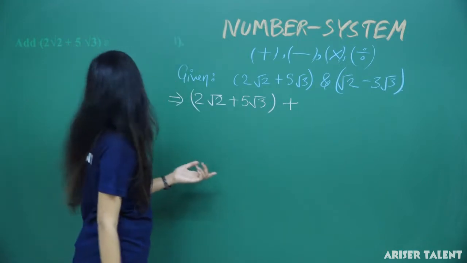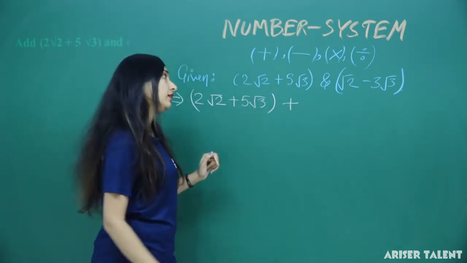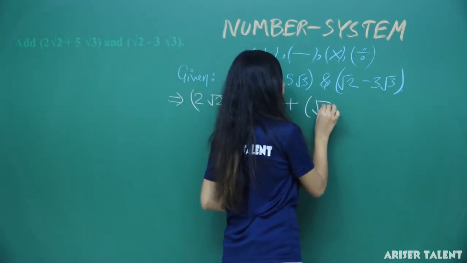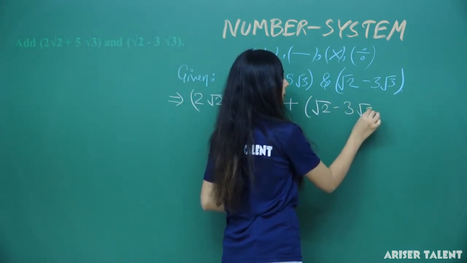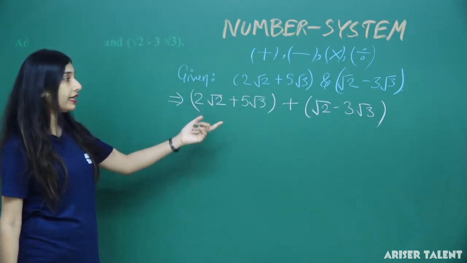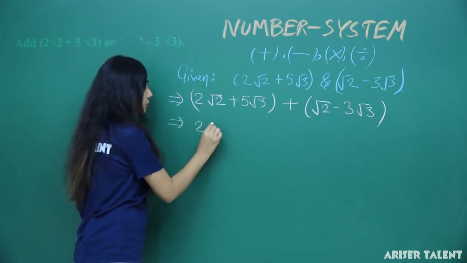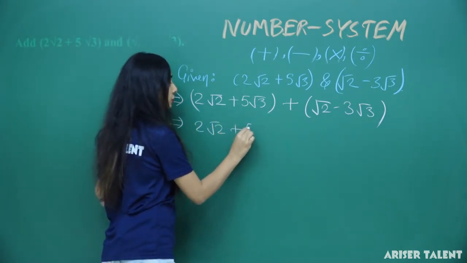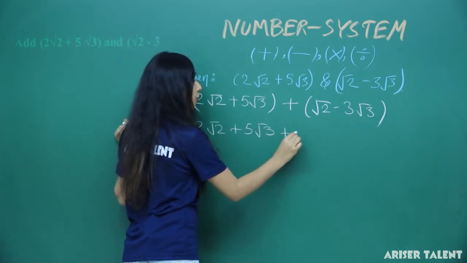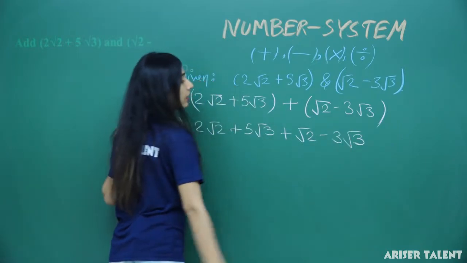Now if you have to add these 2 terms, you have to put the plus sign here. What we have to do first is remove these brackets because this is the first operation we do. That implies 2 root 2 plus 5 root 3 plus root 2 minus 3 root 3.